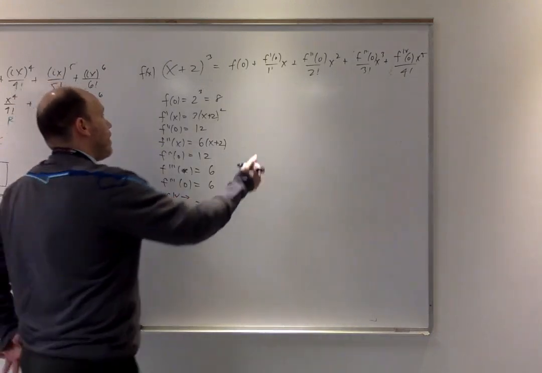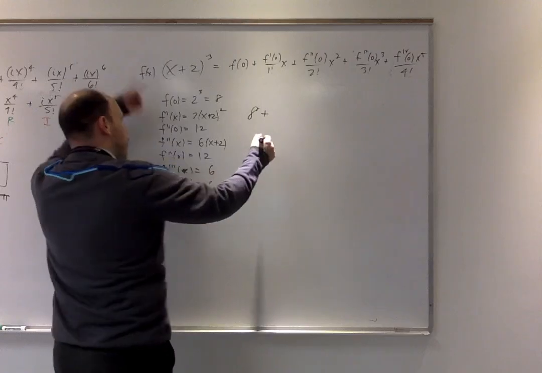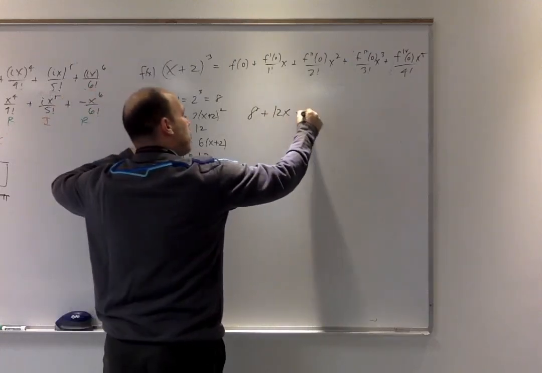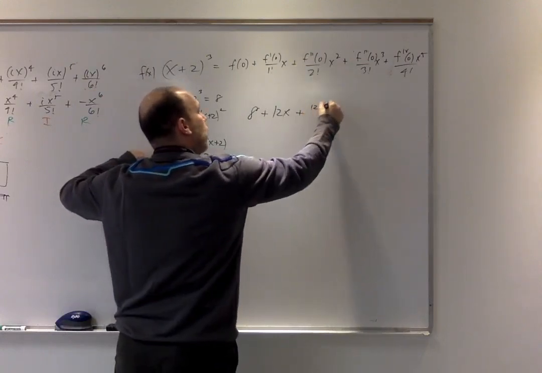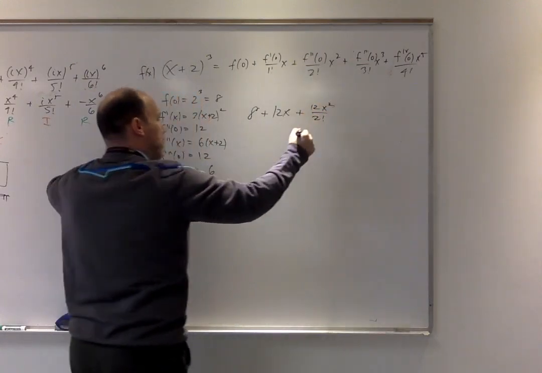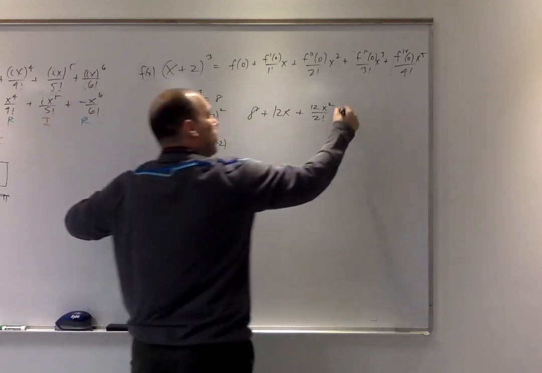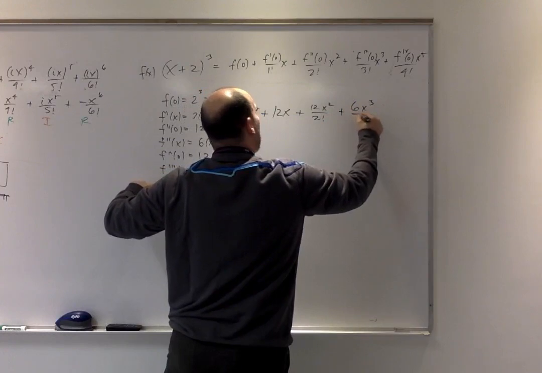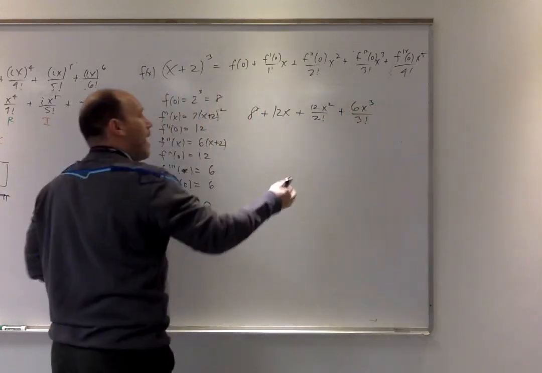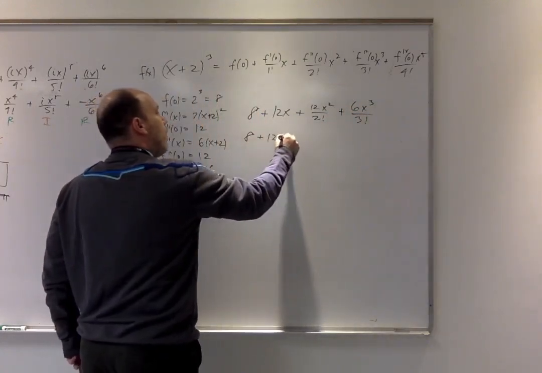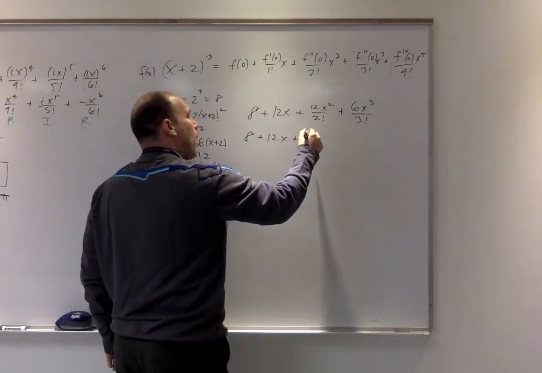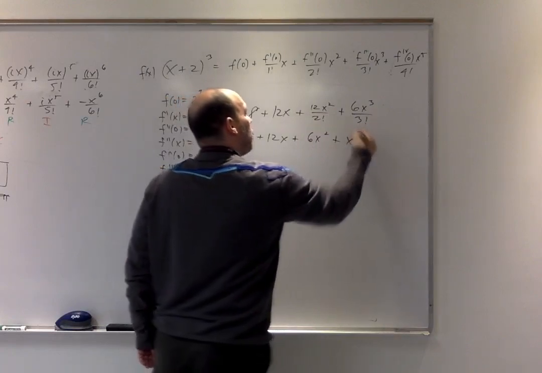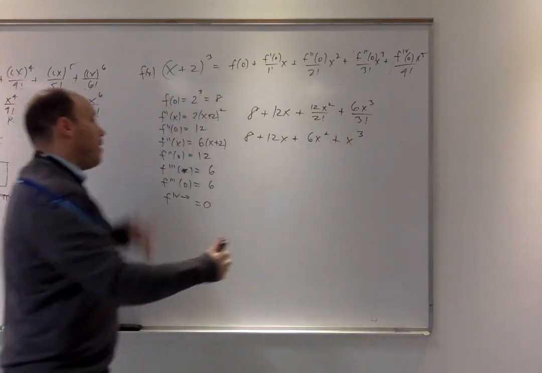So I can write this as 8 plus 12x plus 12x squared over 2 factorial, right, plus 6x cubed over 3 factorial, and I get 8 plus 12x plus 6x squared plus x cubed. And I was like, wait a minute, that is what it is, right?